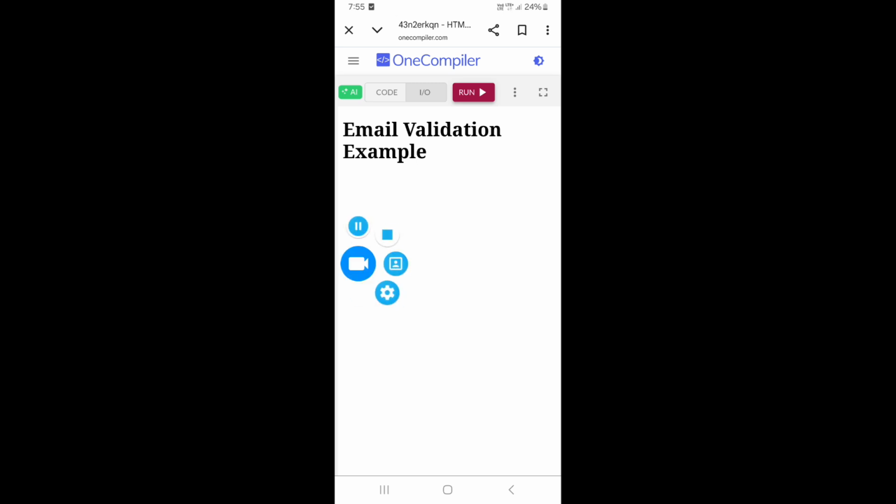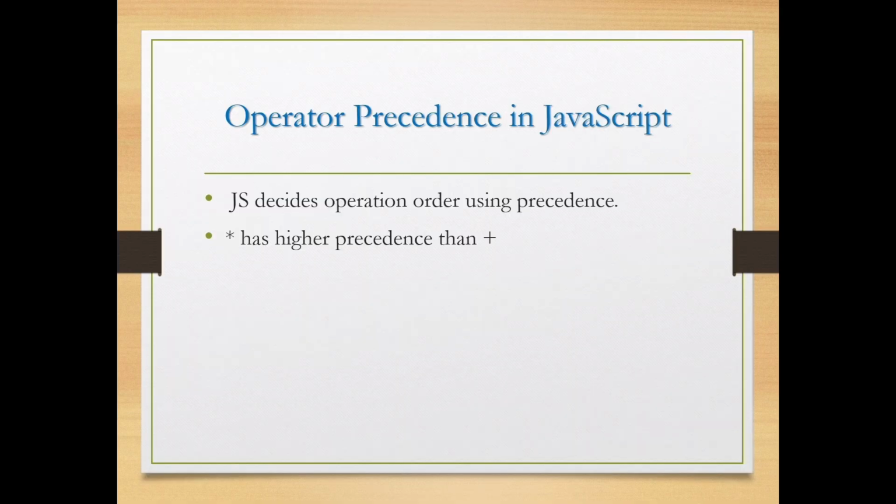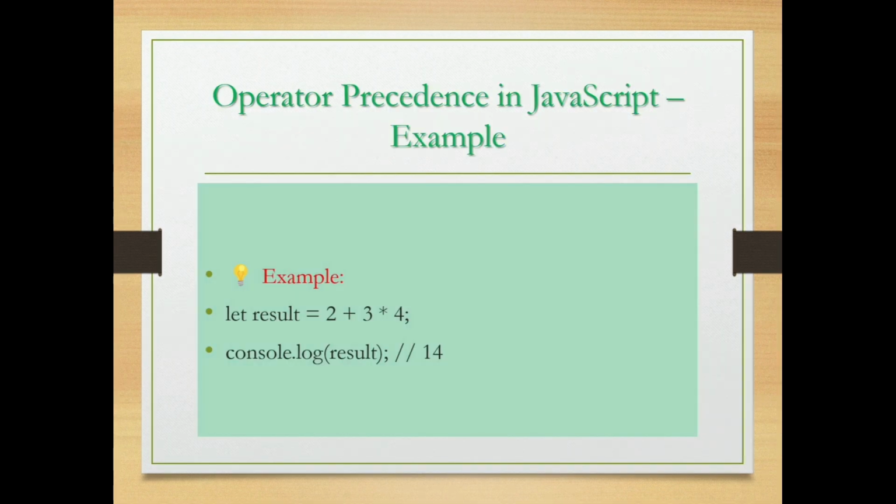Next we will see operator precedence in JavaScript. In JS, the order of operations is decided using precedence, meaning star has higher precedence than plus. Next we will see one simple example for operator precedence in JavaScript.